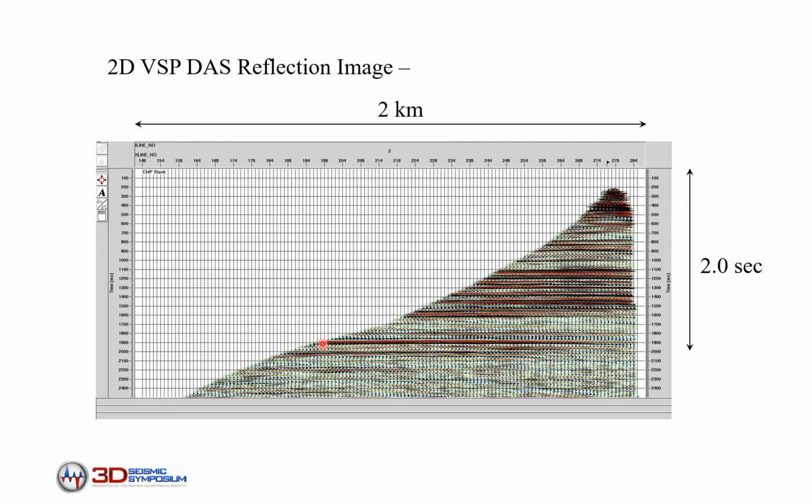So we're out a kilometer and a third away from the wellbore here, and these are really very good VSP reflections. They're nice, crisp, high frequencies, and are about as good as we see in the best 3-component geophone surveys. So we're really seeing some very good results. We and other companies are seeing some very good results out of DAS data. And so there's definitely a future in DAS recording for VSP.